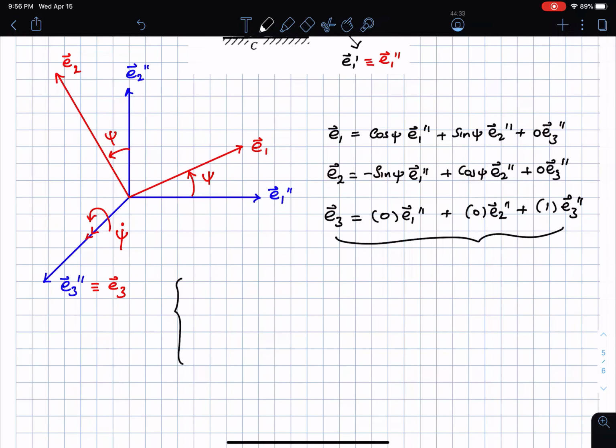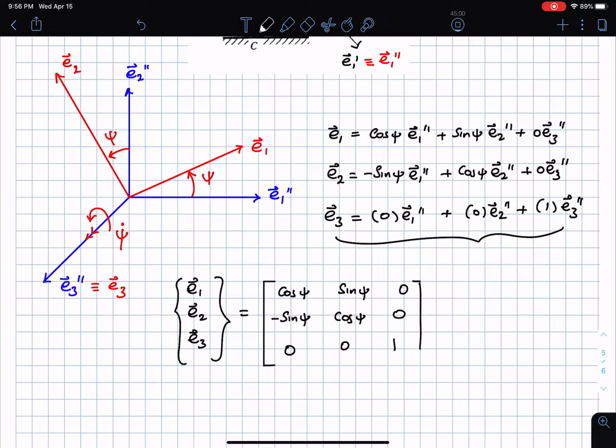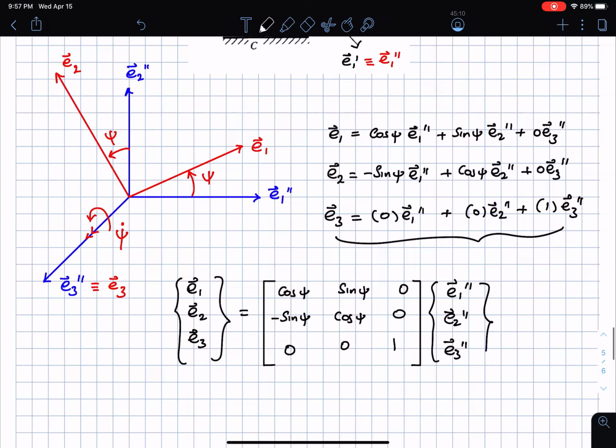So this is going to be E1, E2, E3, and you'll see that, okay, here's my matrix. That's going to be cos psi, sin psi, 0, minus sin psi, cos psi, 0, 0, 0, 1. Okay, and this will be multiplied by the column vector e1 double prime, e2 double prime, e3 double prime.